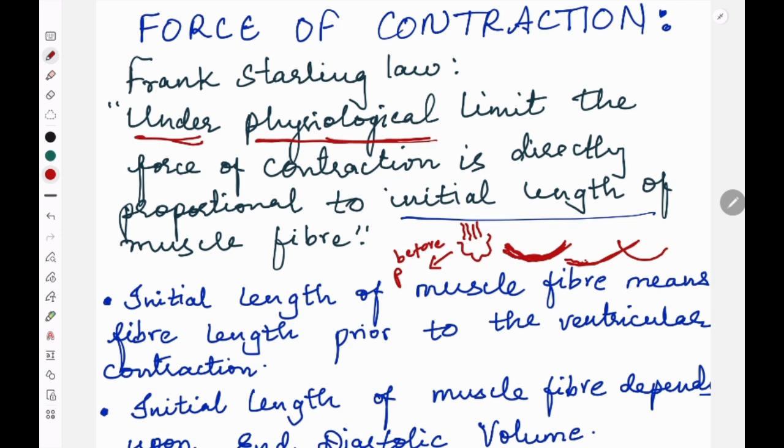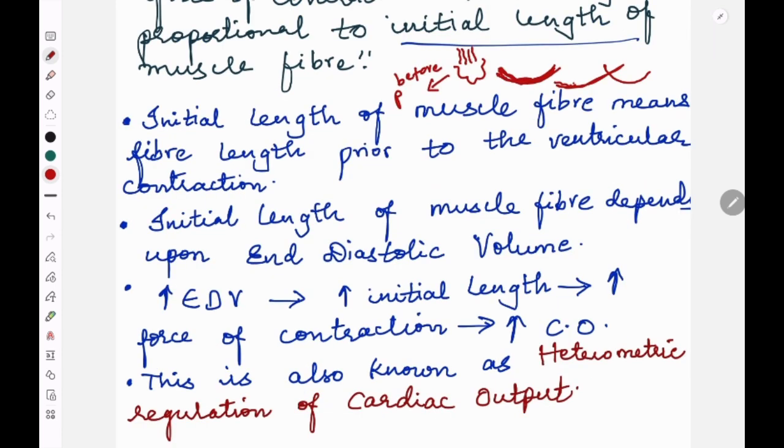normal ranges. Okay, so on what factor does this initial length of the muscle depend? As I have said, it depends on the amount of blood. So if the amount of blood coming is more, then there will be more stretching of the muscle. That blood is given the name end diastolic volume.